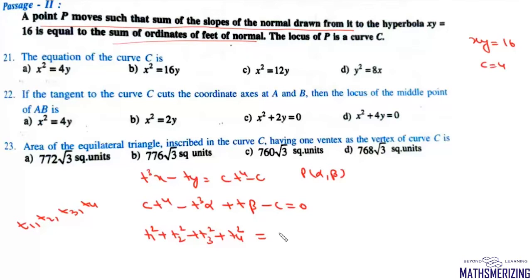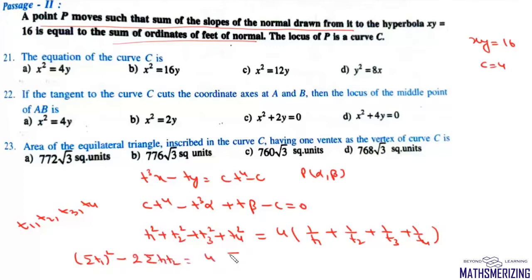So it simply means that this sum of slope is equal to c, which is 4, and then 1 upon t1 plus 1 upon t2 plus 1 upon t3 plus 1 upon t4. Now we can write this as summation t square minus 2 times summation t1 t2, and this is 4, and this is summation t1 t2 t3 upon t1 t2 t3 t4.